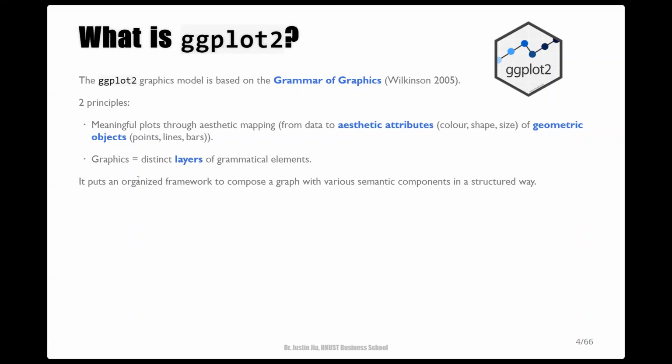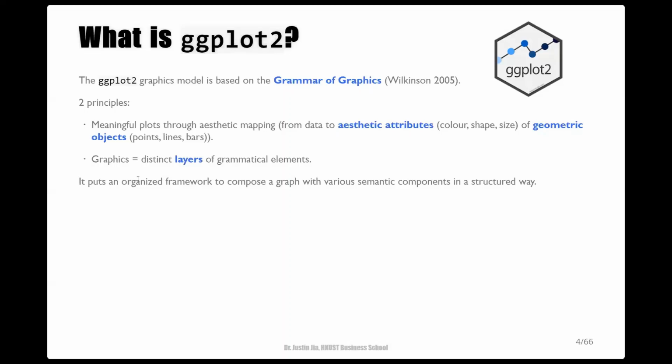Now you may wonder, what are the verbs, nouns, and adjectives of a data or statistical graphic? In brief, the grammar of graphics tells us a statistical graph is a mapping from data to aesthetic attributes like color, shape, size, etc. of geometrical objects like points, lines, bars, etc. The plot may also contain statistical transformations of the data and is drawn on a specific coordinate system.